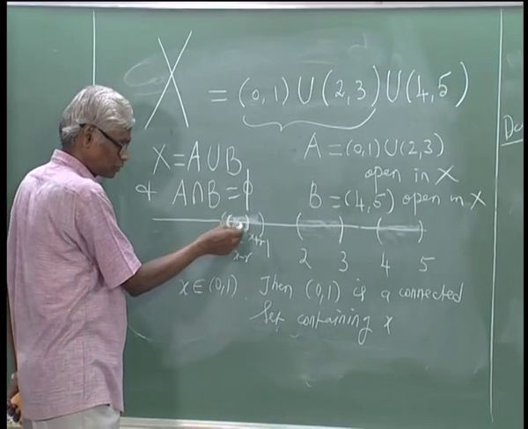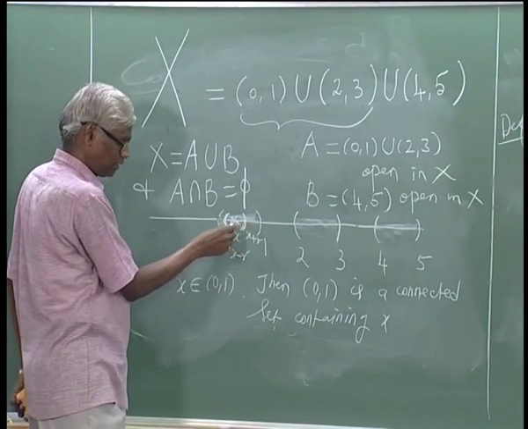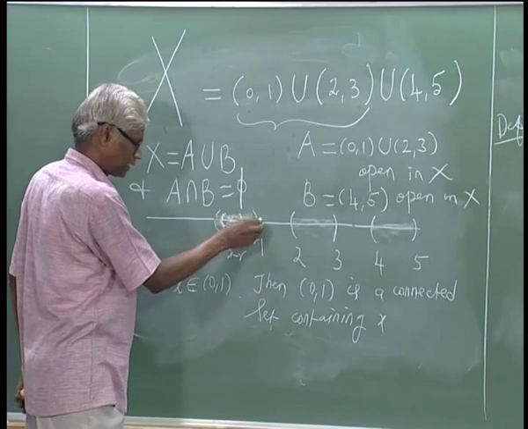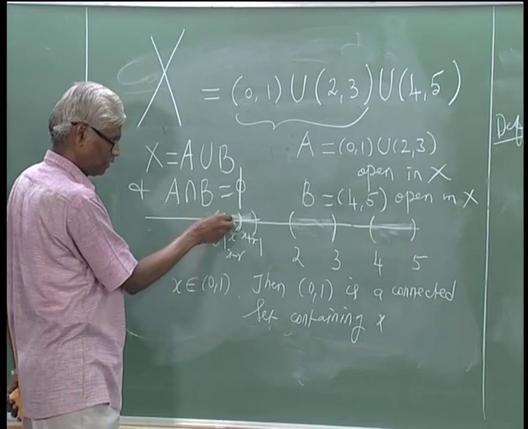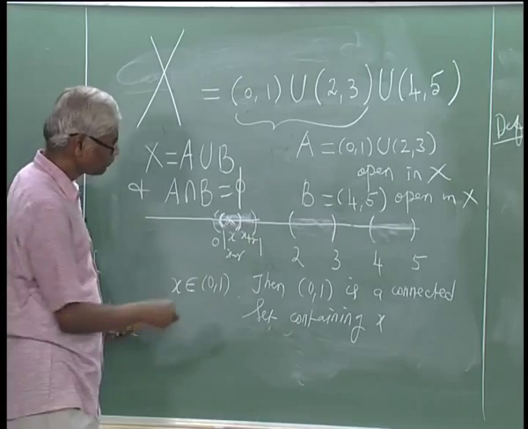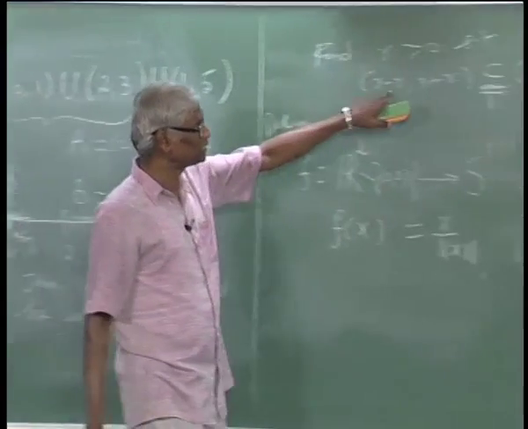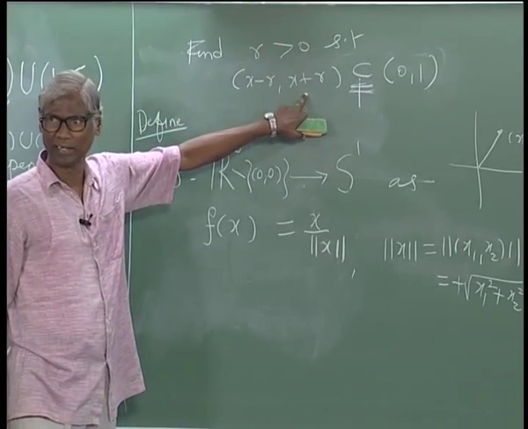The radius should be less than the distance between x and 1, and between 0 and x. Then this is also a connected set containing x.